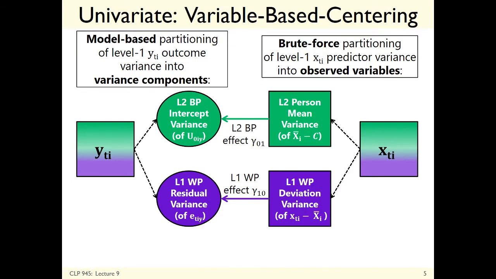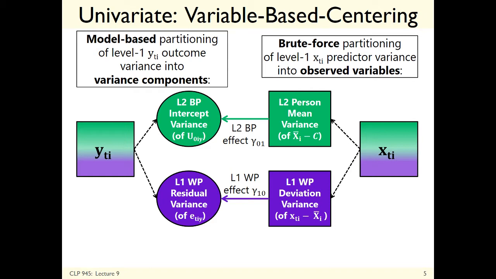In person mean centering, it's much more direct. We take our original x and we carve it up into boxes. Boxes mean observed variables in most of these sorts of diagrams, whereas circles mean latent variables or things that are variance components estimated by the model, or what I would call piles of variance in this class.